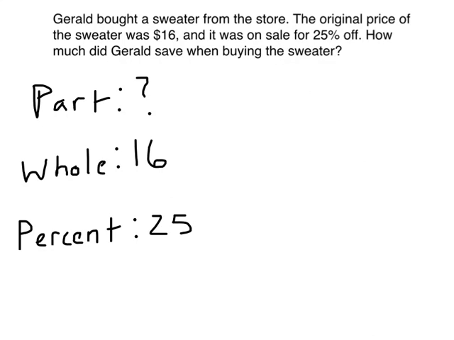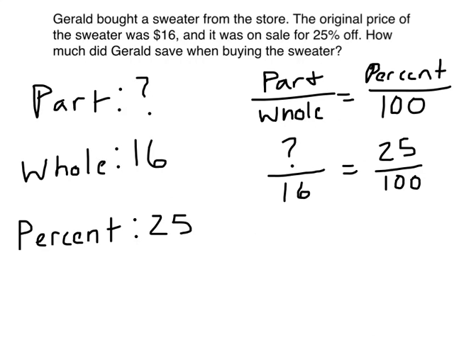How would I set up the percent proportion to solve this problem? I know that the part over the whole equals the percent over 100. So I could set up my proportion to say that question mark, or any variable, over 16 equals 25 over 100. Now I can cross multiply to solve. Remember, I'm going to multiply 16 times 25 and question mark times 100.